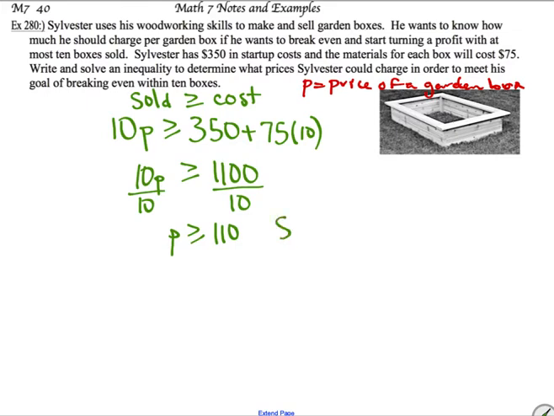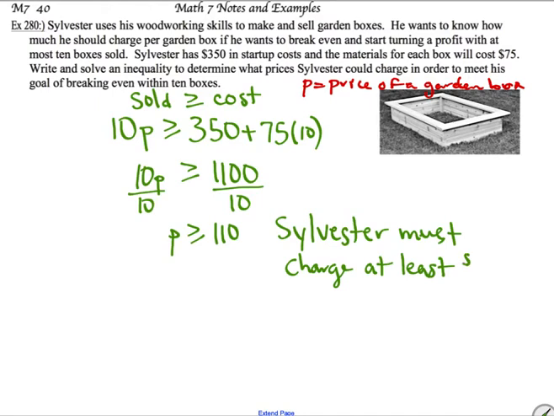Okay, so Sylvester must charge at least $110 per box. If he charges more than that, then he will break even sooner. Charging less than that will make it so he will not break even by the time he gets to 10 boxes sold.